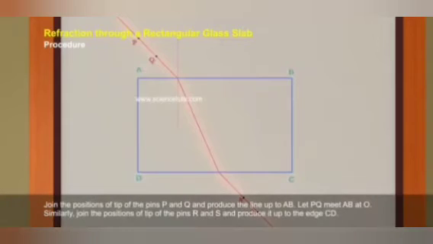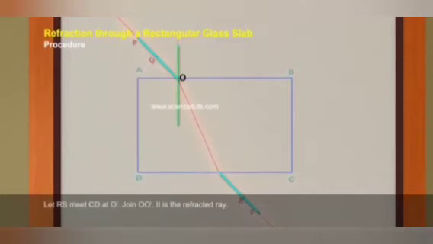Join the positions of the tips of the pins P and Q and produce the line up to AB. Let PQ meet AB at O. Similarly, join the positions of the tips of the pins R and S and produce it up to the edge CD. Let RS meet CD at O'. Join OO'.